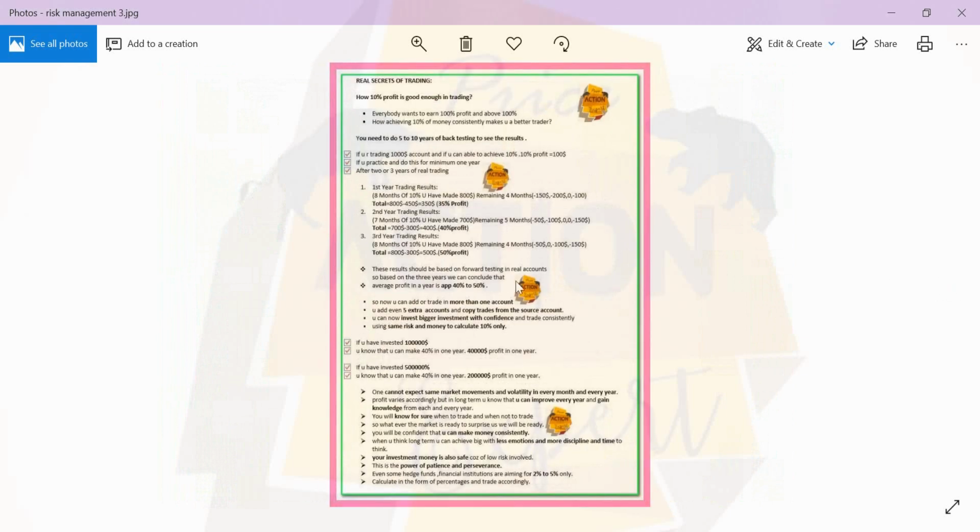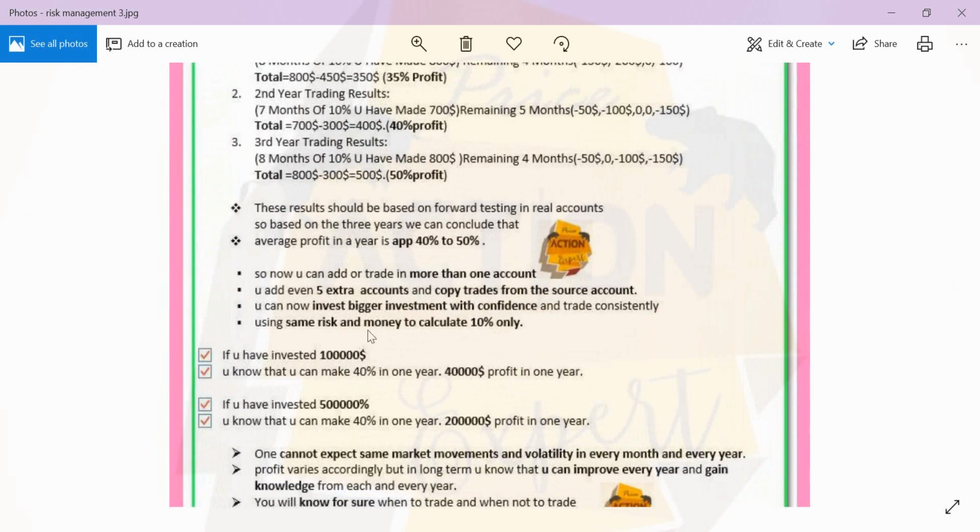So my point is that, if you see here, do not increase the lot size actually. That's what I was saying. If you increase your capital, if you have $10,000 and if you could make 10%, okay, 1% would be $100, so 10% is $1,000. If you could make $1,000 every month, do not increase your lot size actually.